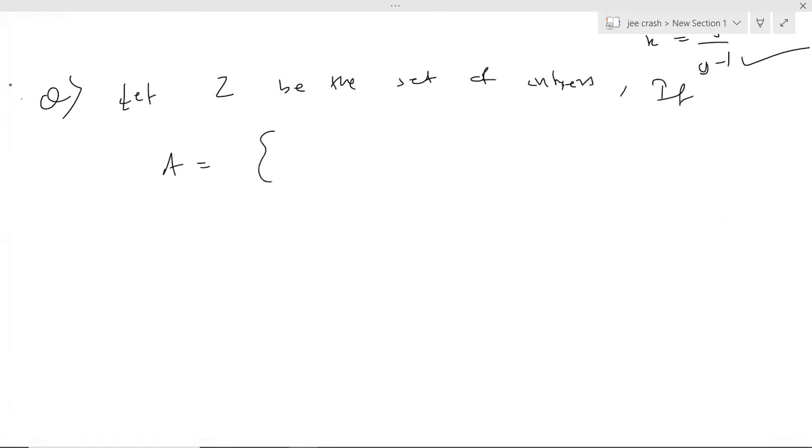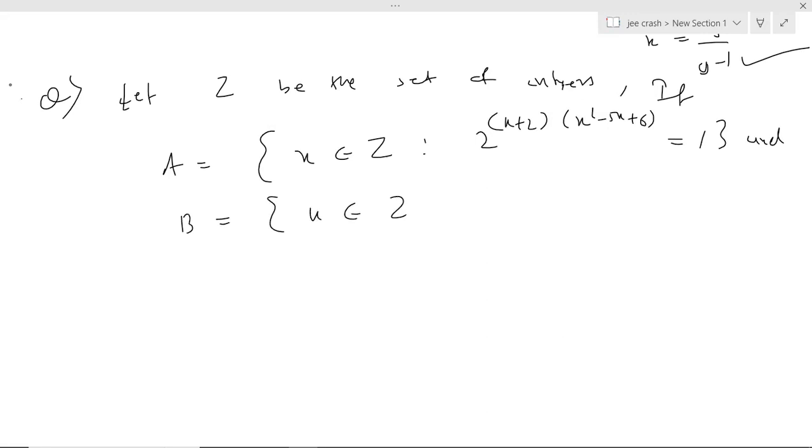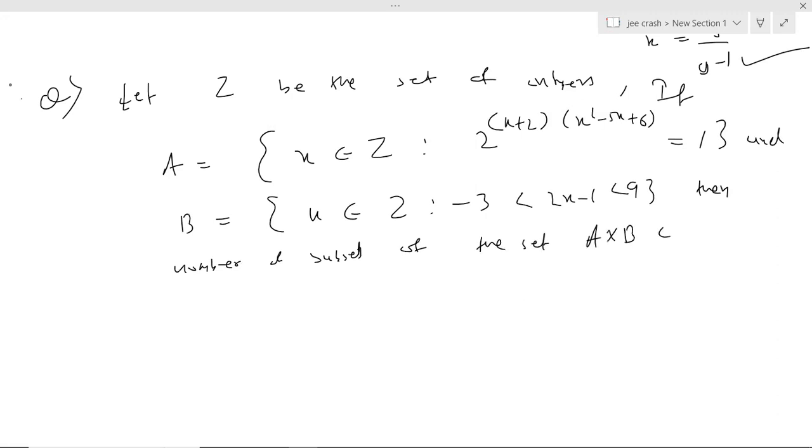If A equals to x belongs to Z such that 2 to the power x plus 2 x square minus 5x plus 6 equals to 1, and B equals to x belongs to Z such that minus 3 less than 2x minus 1 less than 9, then number of subsets of the set A cross B is what?